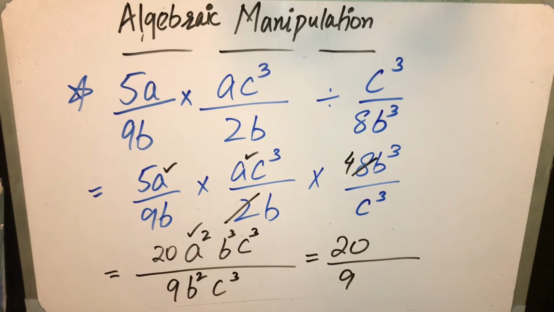There are two a's in the numerator and there is no a in the denominator, so a square will be in the numerator. There are three b's in the numerator, two b's in the denominator, so 3 minus 2, 1 b in the numerator. And there are equal numbers of c's, so there will be no c in the answer.